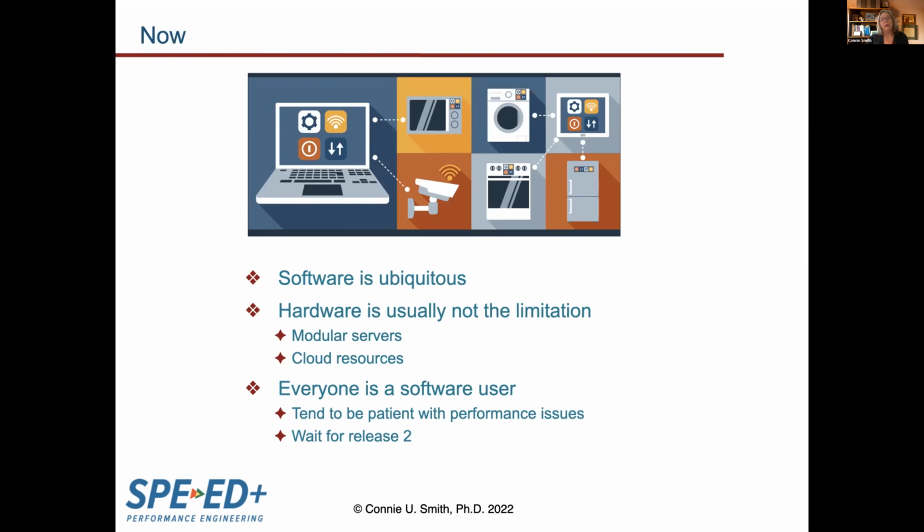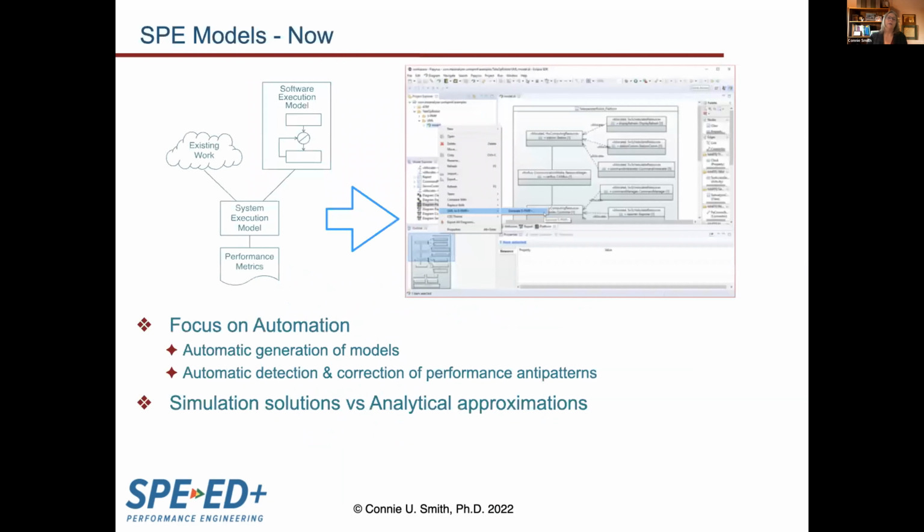And we still have a great deal of tolerance about release 1 being deployed that has major performance issues in it. And people patiently wait for release 2. Most of the time, that's not always true. But so are we now in the situation that Alex points out?